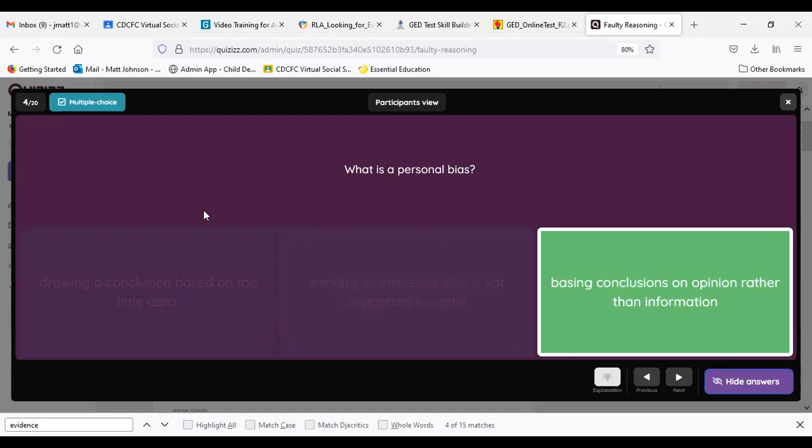This comes into play with our extended responses. You have to work against your personal bias when you read those 2 passages, and you may feel one way about it. But can you write about it in a supportive way? That's where personal bias might come in.